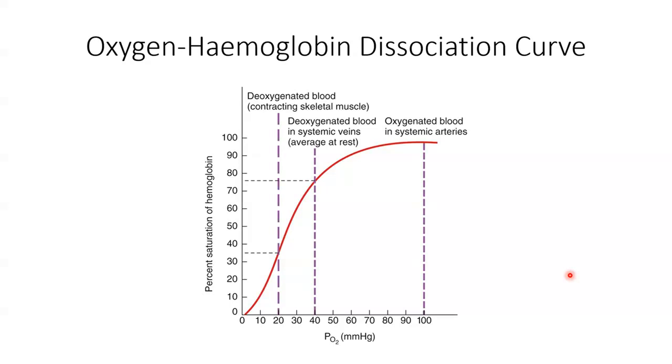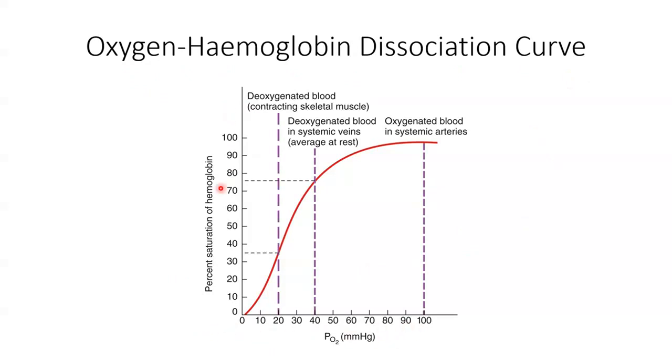So the relationship between the percent saturation of hemoglobin and the partial pressure of oxygen is illustrated in this diagram here. We call this the oxygen hemoglobin dissociation curve, so a bit of a mouthful. So we have partial pressure of oxygen down the bottom here.